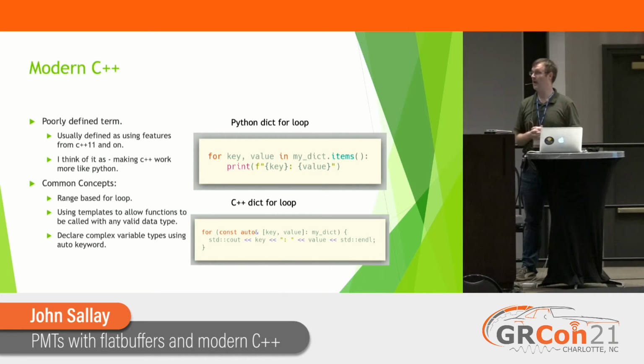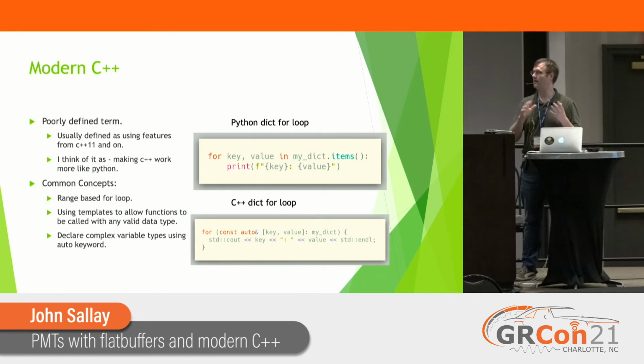So some of the really common concepts that you're going to see in code that describes itself as modern C++ is it's going to use range-based for loops, which look like Python for loops. It's going to extensively use templates to make it so you can call functions with a wide variety of types, kind of like Python duck typing.